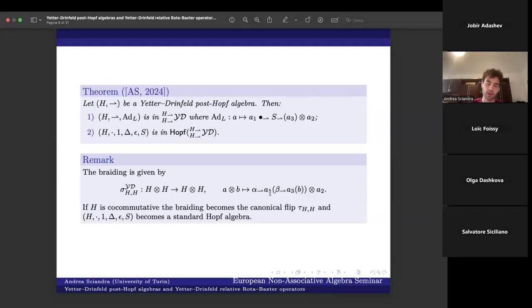And you can see that if we assume cocommutativity, we can interchange A3 and A2, and then, using the fact that alpha and beta are convolution invertible, we obtain the flip map. And so under cocommutativity, the braiding becomes the flip map, and so this Hopf algebra becomes a standard Hopf algebra in the category of vector spaces. And so we recover, in fact, cocommutative post-Hopf algebra.